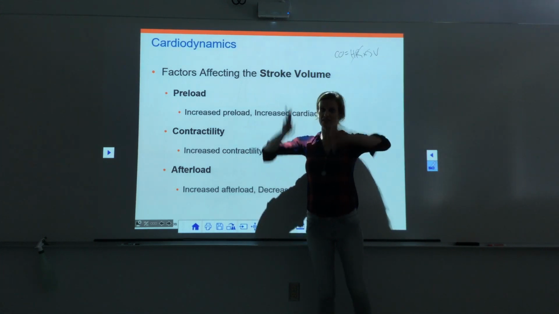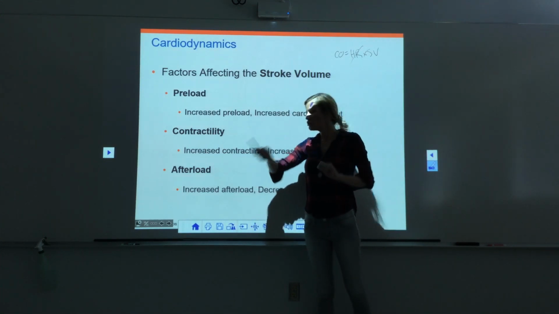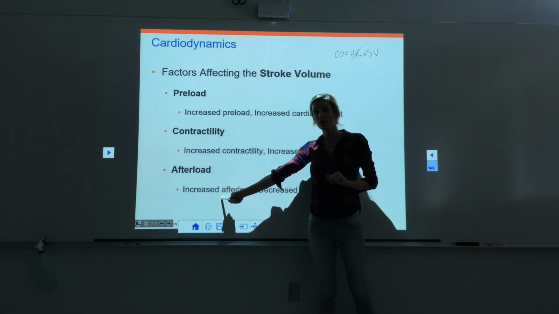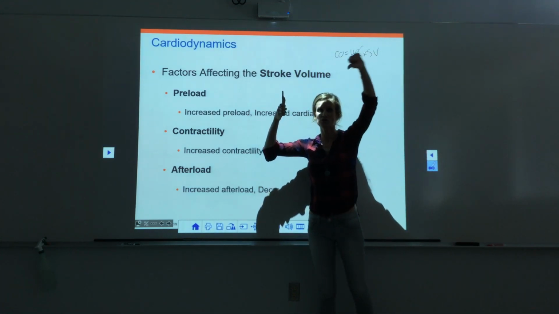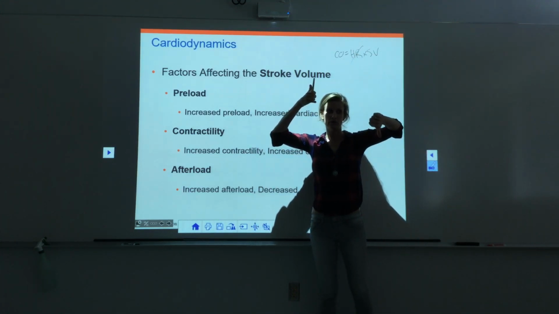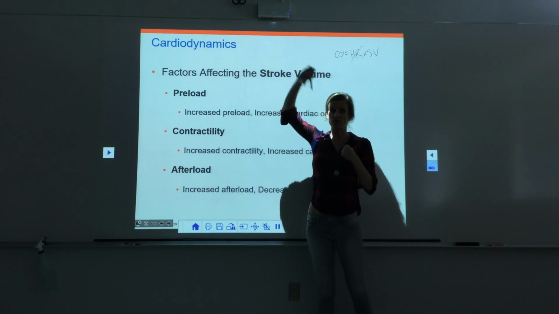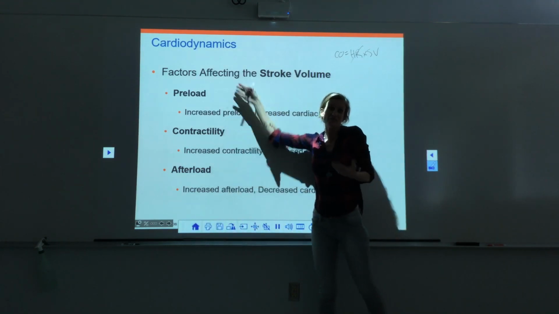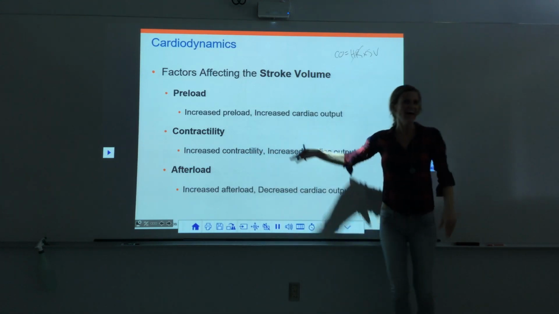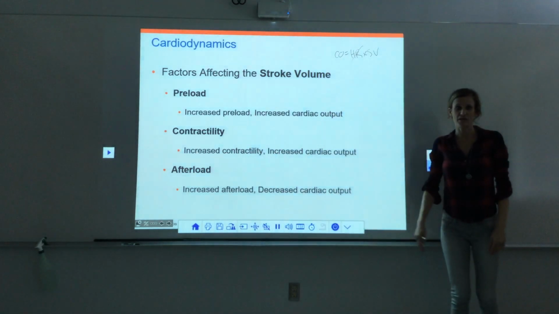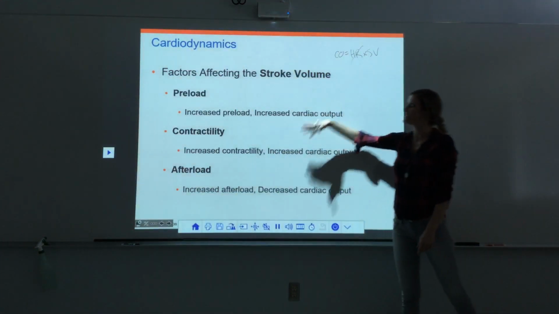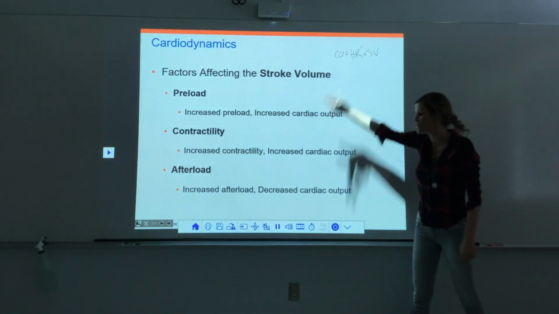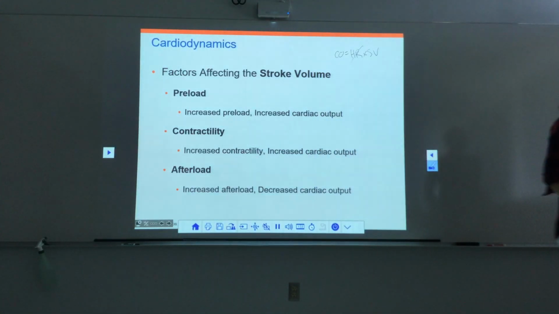They vary inversely. They vary in opposite ways. So if afterload goes up, cardiac output goes down. Okay, they go in opposite ways. If afterload goes down, cardiac output goes up. So we're going to look through each of these individually and I'll explain to you what they actually are. But this is kind of the general trend that we're going to see. Okay, preload and contractility vary in the same direction as cardiac output. Afterload is inversely.